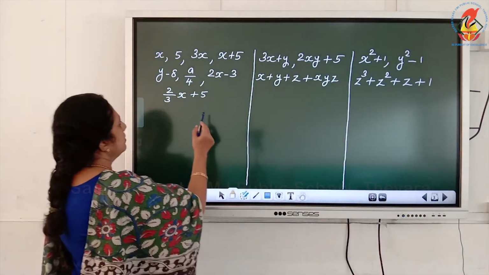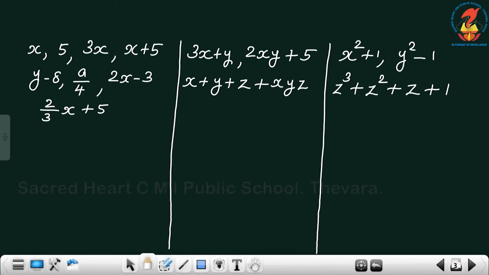Now here I wrote a group of algebraic expressions. There are 3 groups. Now look at these 3 groups. First group: x, 5, 3x, x plus 5, y minus 8, a by 4, 2x minus 3, 2 by 3 x plus 5.